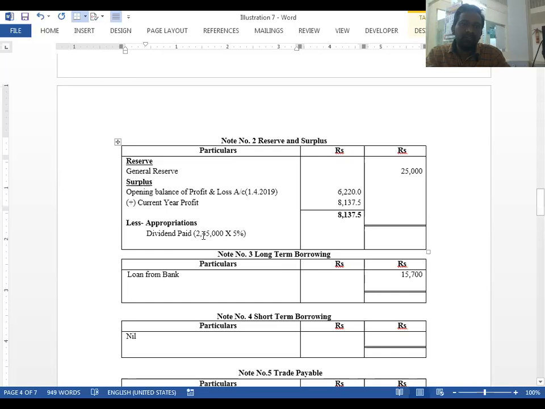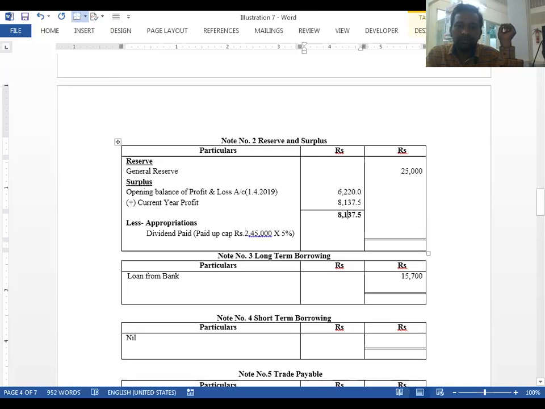What is 2,45,000? Paid up capital. So 2,45,000 multiplied by 5% is the calculation of dividend.